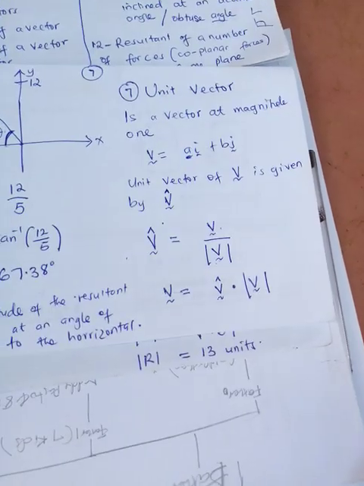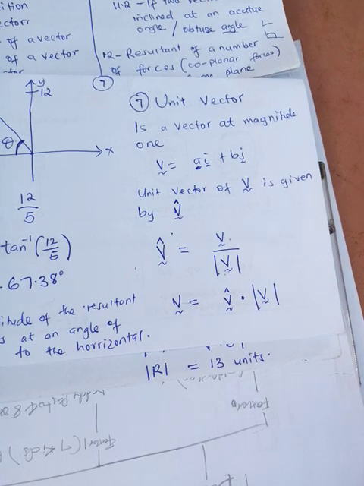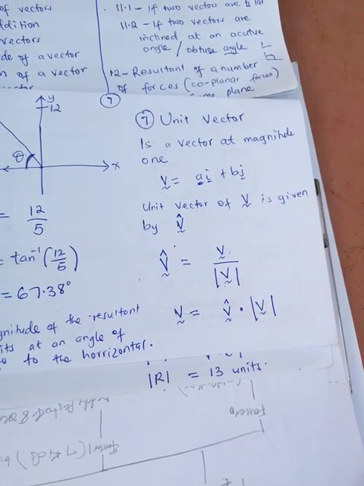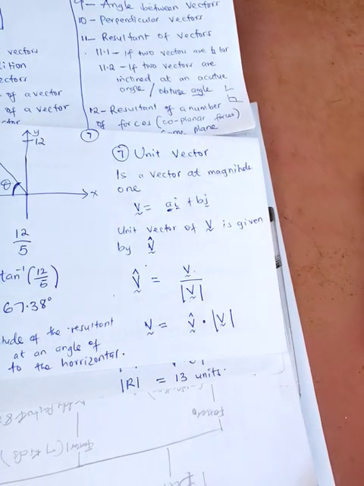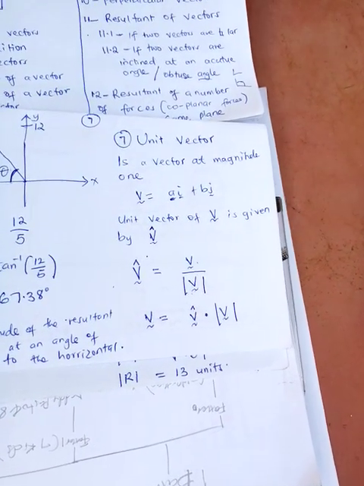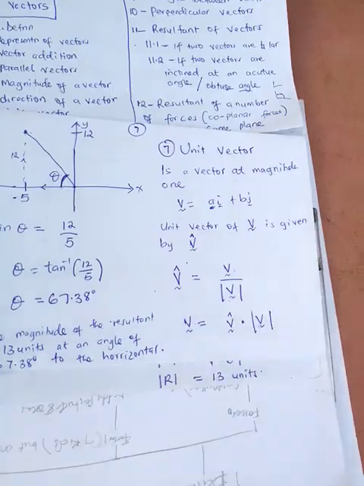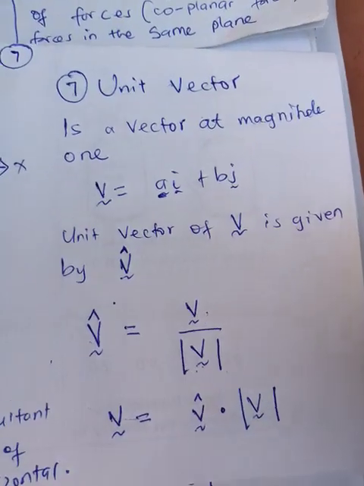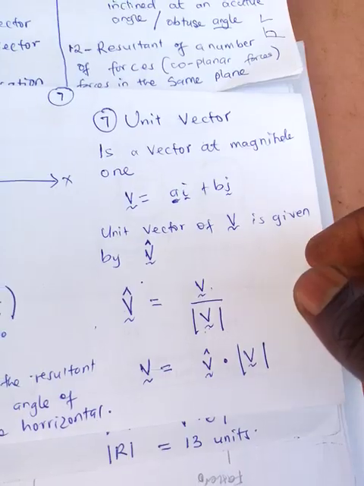Simple as that. So you should get that. So that is unit vector. I think it is clear enough. We need to move on.